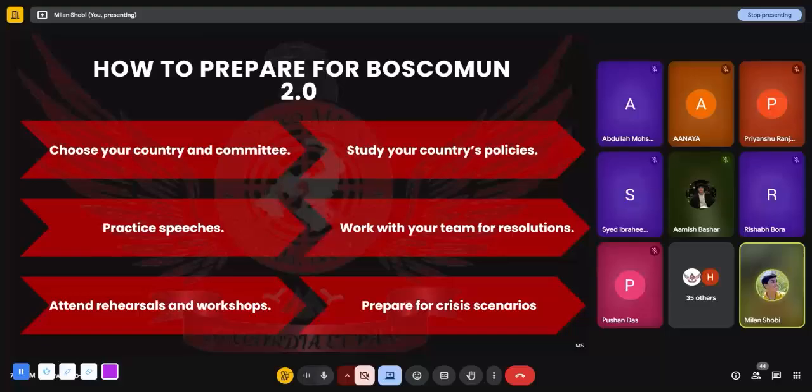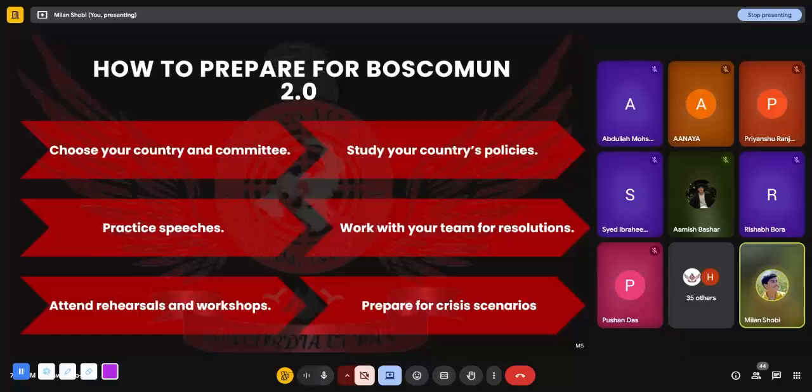See, the point is that your personality should speak of what country and committee you're choosing. If you're very rebellious, choose a rebellious country, choose a rebellious committee. If you're very rebellious in words, and if you can really express those rebellious words in really polite words, but at the same time very compelling, choose that particular committee, choose that particular country.